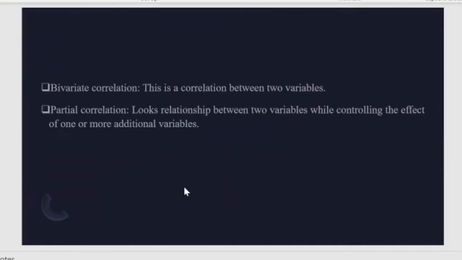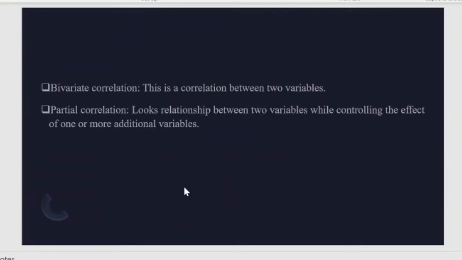We know there is a relationship between exam anxiety and exam performance, but other factors, like revision time or the intelligence of the student, can also affect exam performance. When we want to control all these variables and just see the relationship between the two variables, that is called partial correlation.